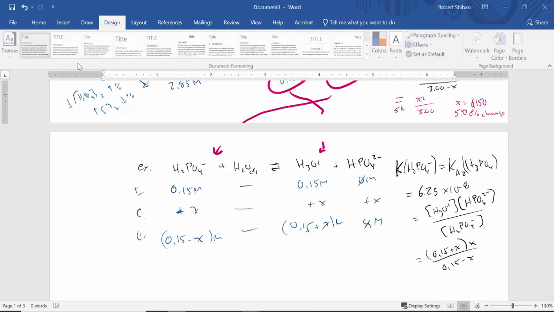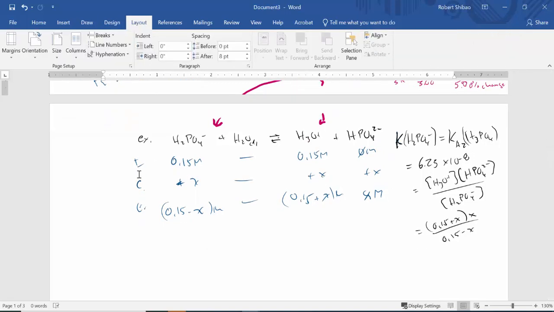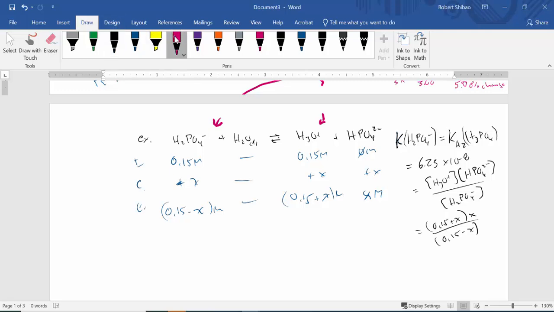Now, an interesting thing happens here when we use a simplifying assumption. We're going to go ahead and use the SA here, which is x is much smaller than 0.15. Well, if x is much smaller than 0.15, then we end up with 0.15 on the top and 0.15 on the bottom times x, and these cancel out. And so there's no math here. x is just equal to 6.23 times 10 to the minus 8.